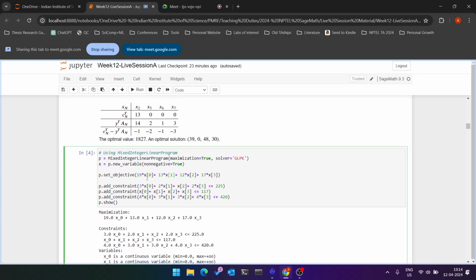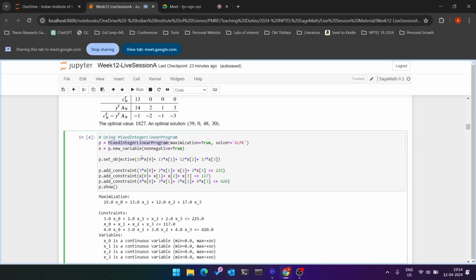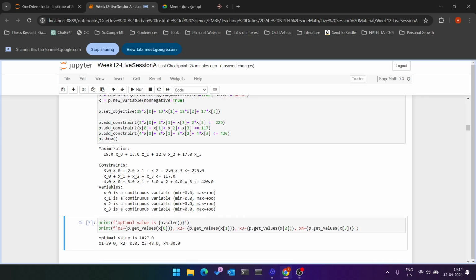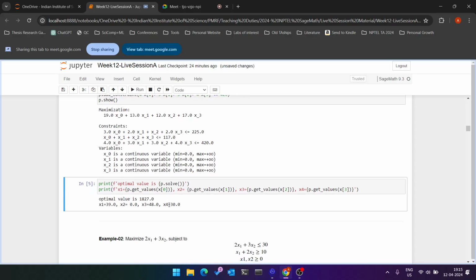A third way could be directly using the mixed integer linear program problem. Again, an inbuilt function in Sage, wherein we define an objective function based on a vector. We restrict the vector to be non-negative, add our constraints, and if I show the problem, I basically get the same objective function, constraints and variable value range, from which we find the optimal solution by doing p.solve and get the values based on p.get_values.